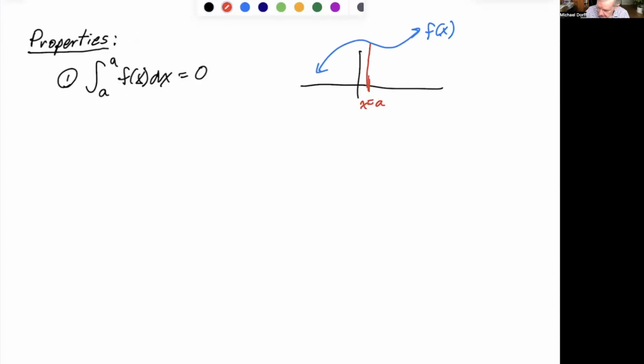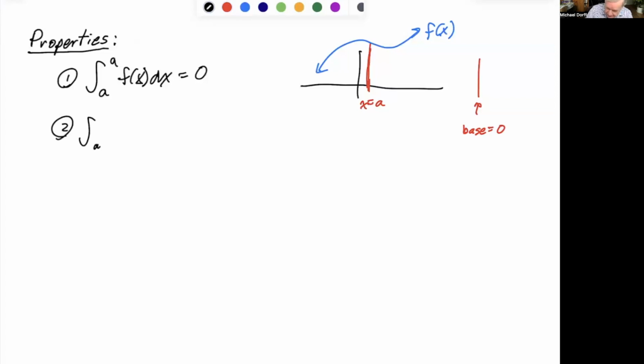I want to find the area under that curve where the base of the rectangle is from a to a. In other words, the length of that base is 0. No matter what the height is, if the base is 0, then the area of that rectangle is going to be 0. So the integral from a to a of f of x dx equals 0.